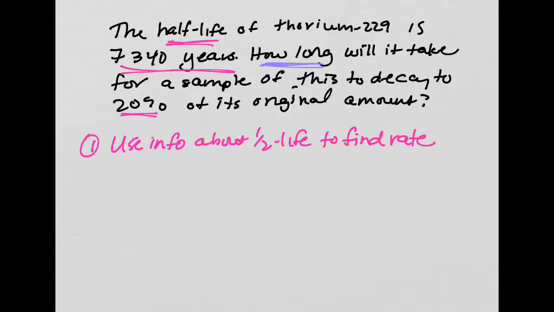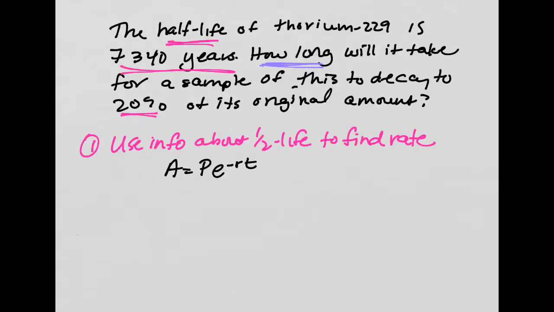Because we can't go directly to finding the time without having a rate. So we're first going to use the information about the half-life to find a rate.